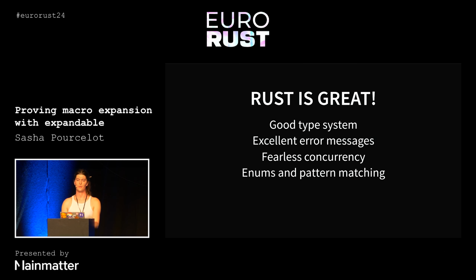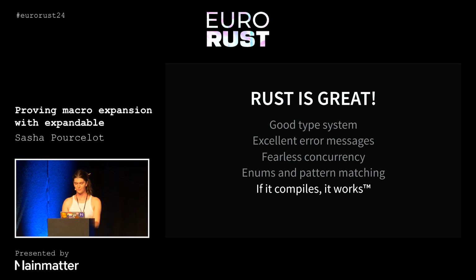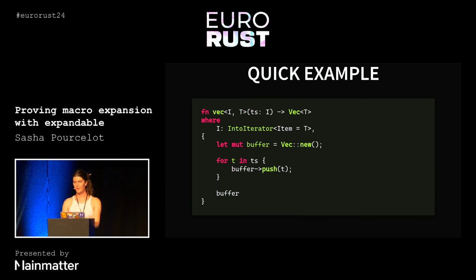There are a lot of reasons why I love Rust, but ultimately everything boils down to the idea that when my program compiles, I know it always works or almost works. Here is a quick example. Let's take a function that is called vec. It takes as input an object that is IntoIterator and returns a vector that contains the elements of this iterator.